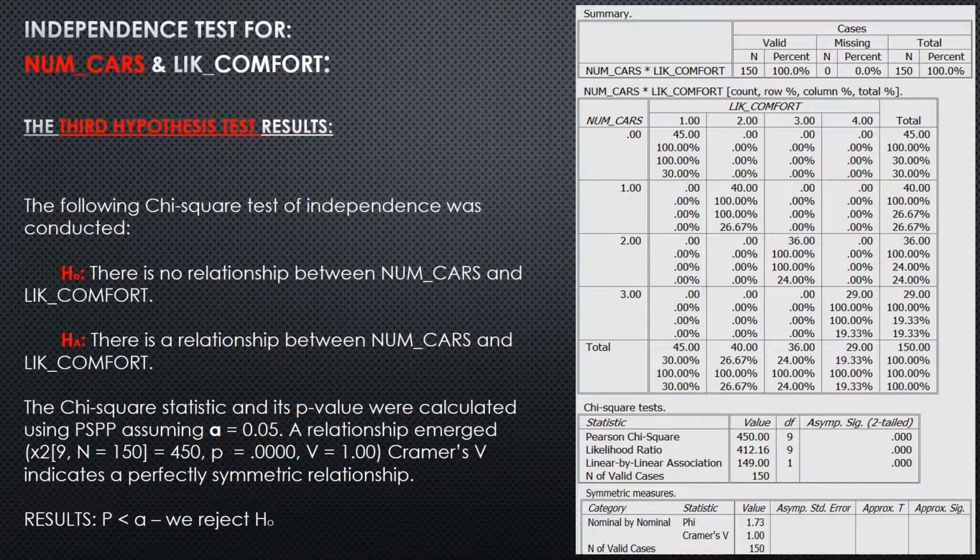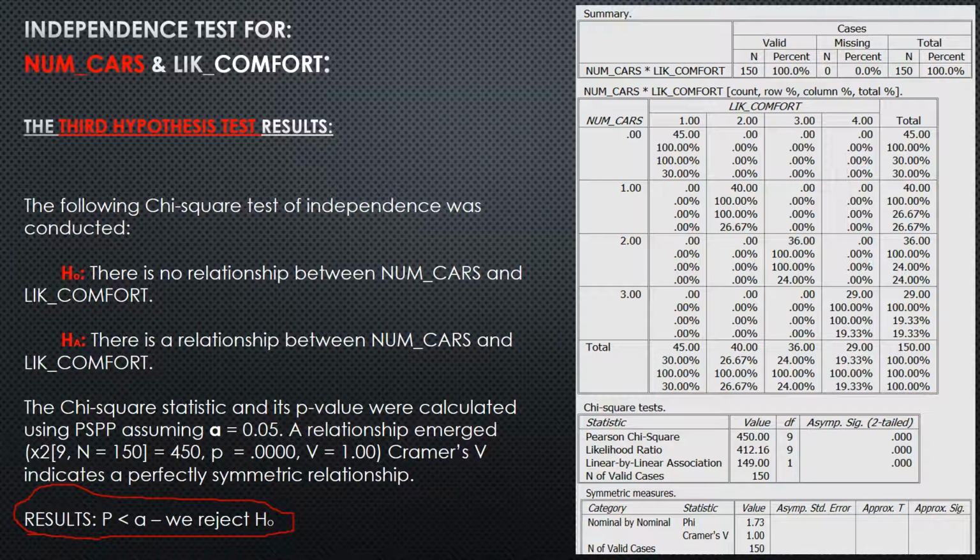Now looking at the independence test for number of cars and light comfort on the third hypothesis test results, we finally find a p-value that is lower than the alpha value, so we can reject the null hypothesis.